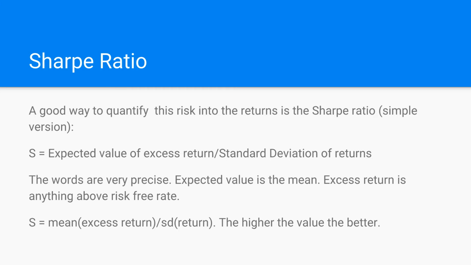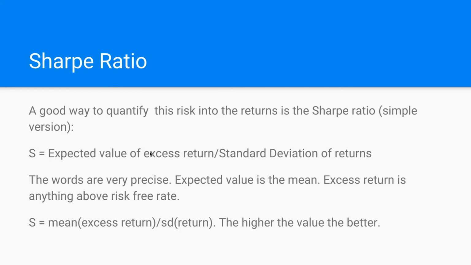Now, if the Sharpe ratio is 1, that means that the excess return is equal to the standard deviation. That's kind of not good. You're risking so much money and you're getting lots of drawdowns almost equal to what you're getting. So that's not an ideal situation either. Of course, once the Sharpe ratio starts becoming higher than 1, then it kind of works, because now you're getting more returns than the standard deviation.